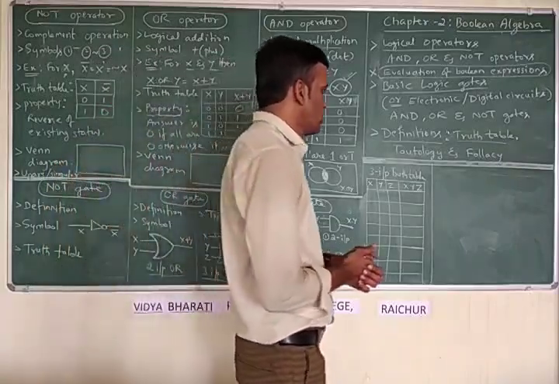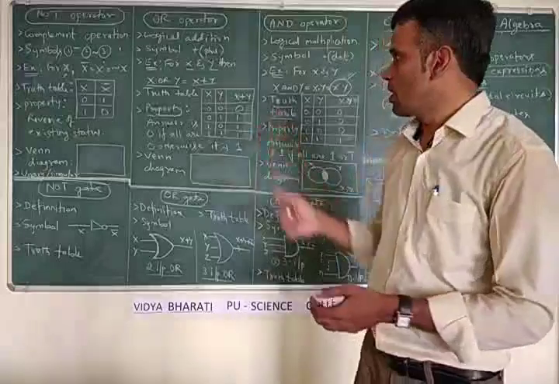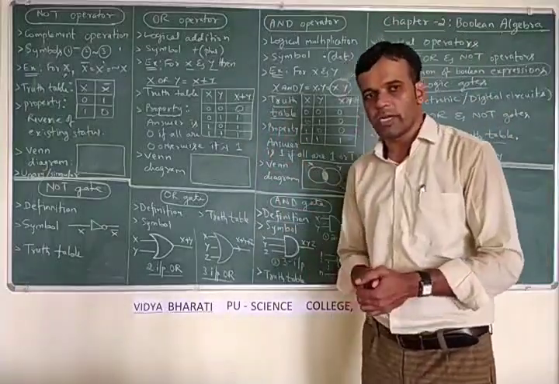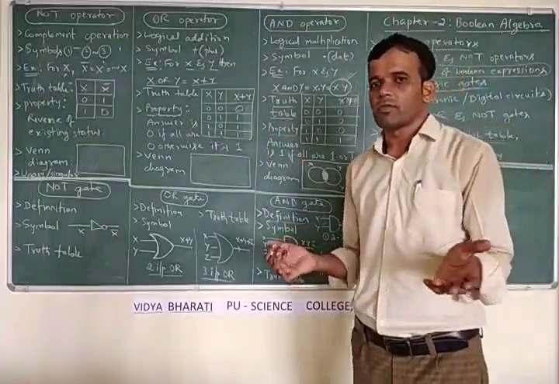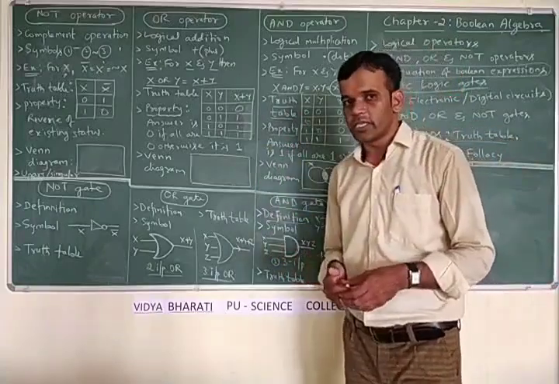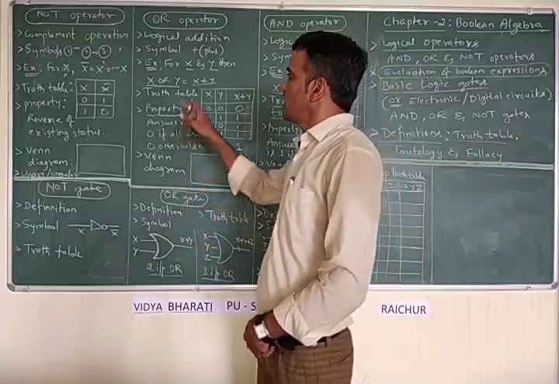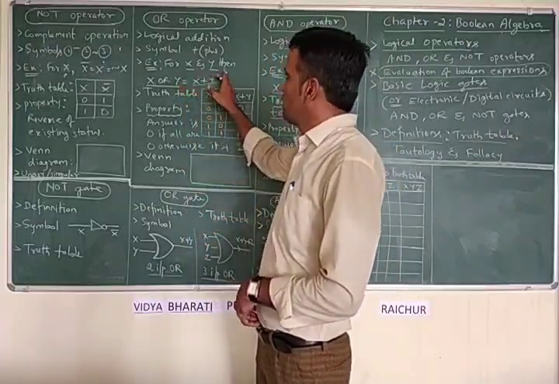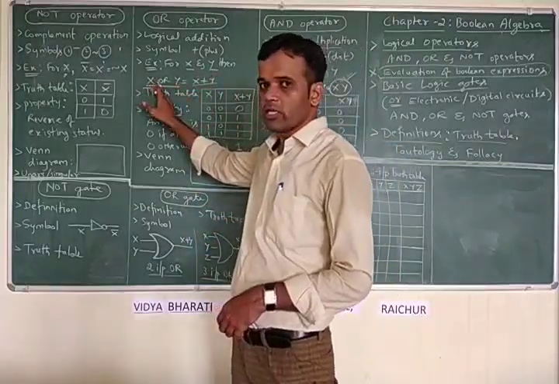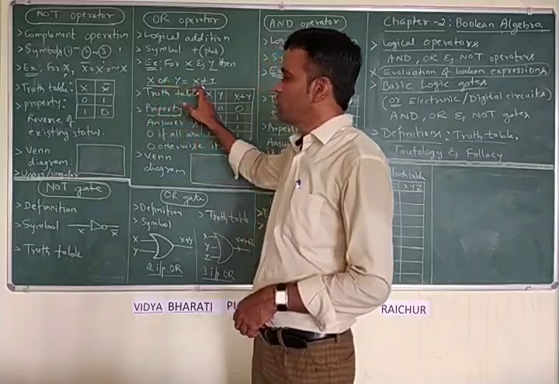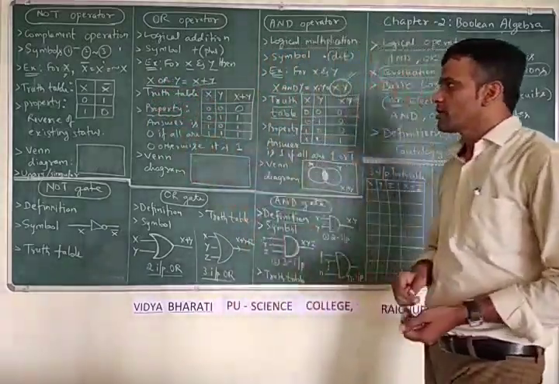Next, moving to the OR operator. The OR operator performs logical addition and the symbol is plus. Again, if you consider two operands like x and y, then we can write it as x OR y, or you can use the symbol x plus y.